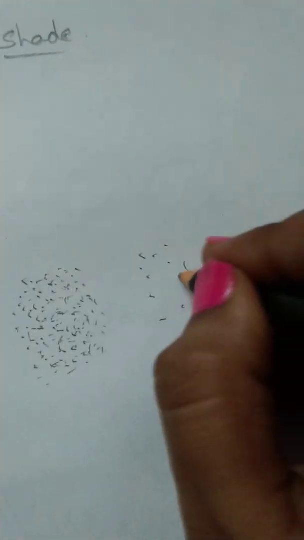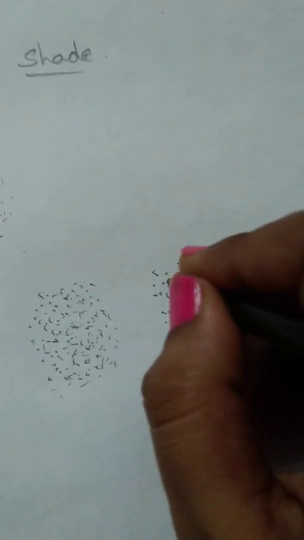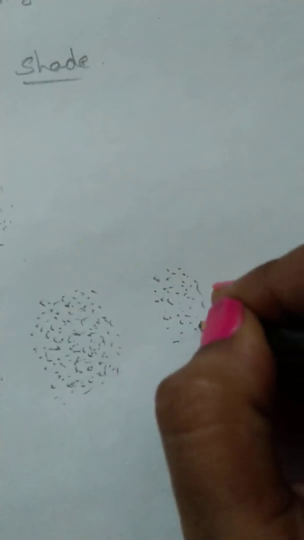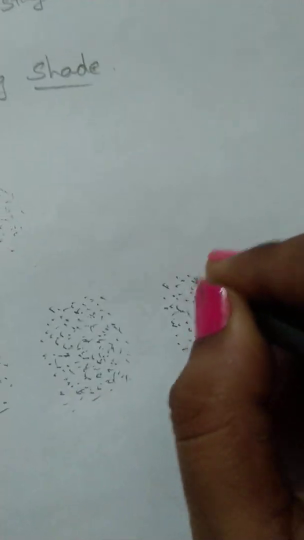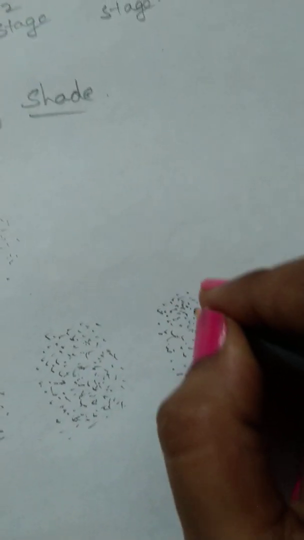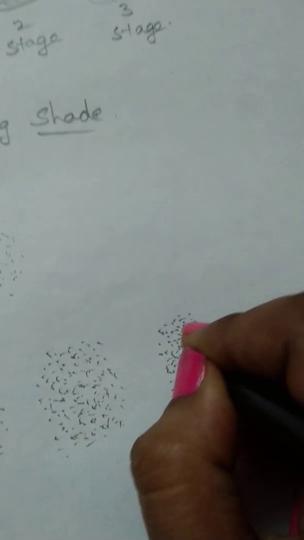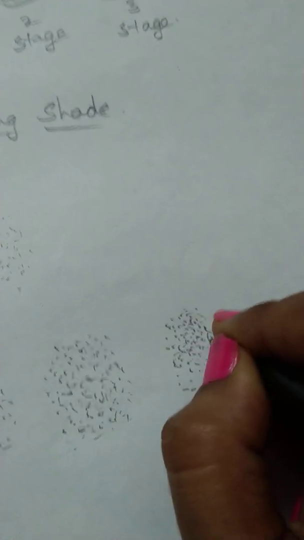This is the second stage, and then at the third stage, see, it should be more heavy in this third stage. The stippling should be heavy in this third stage. It should be heavy. The dots should be very near, side by side.